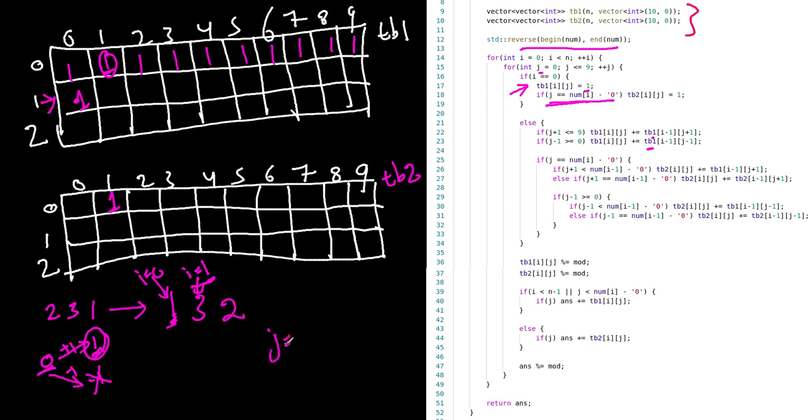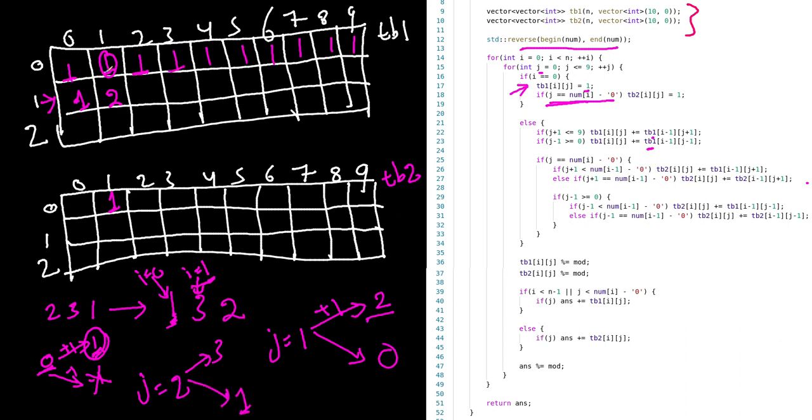For j equal 1, the possibility is 1 plus 1 is 2, 1 minus 1 is 0. So at 2 the value is 1, at 0 the value is 1. We add these to the current j. So here we have 2. For j equal 2, we have 3 or 1.